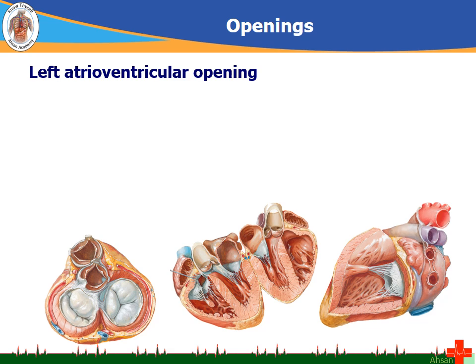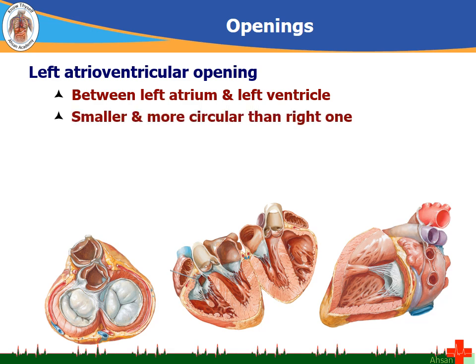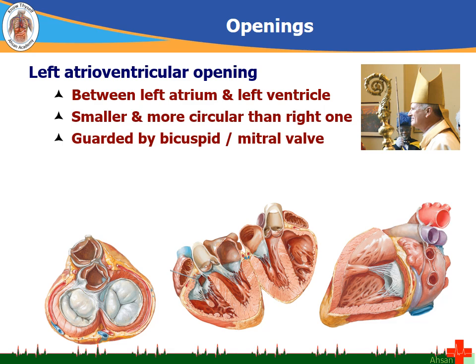The left atrioventricular opening is between the left atrium and the left ventricle. It allows the flow of blood from the atrium to the ventricle, and this is relatively smaller and circular than the right one. It is guarded by the two-cusp valve, known as the mitral valve.